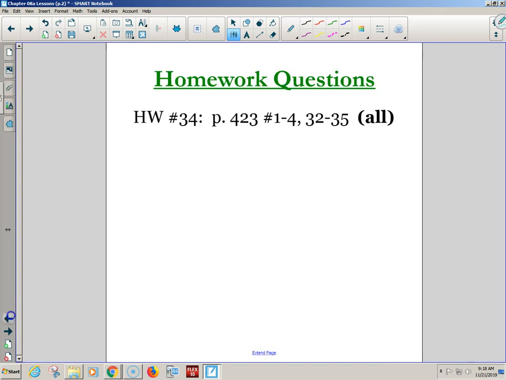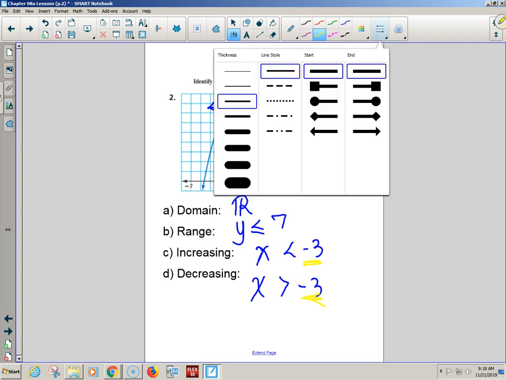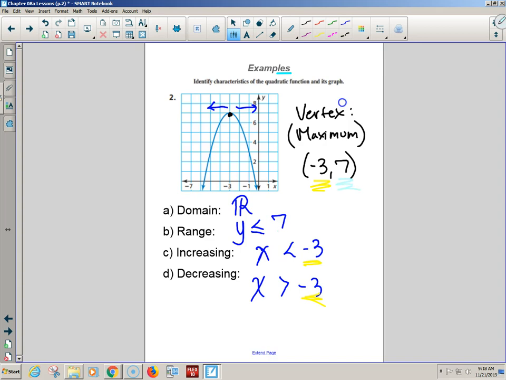Domain and range and increasing and decreasing. You see how the x, we used it for the increasing and decreasing? And where did that 7 come from? From the y.